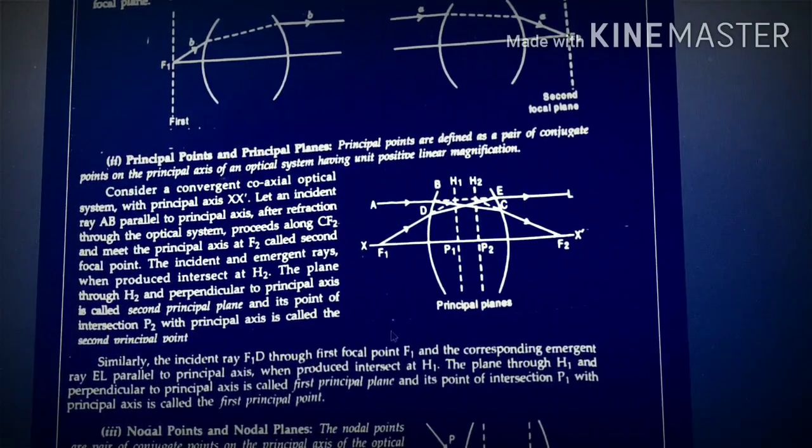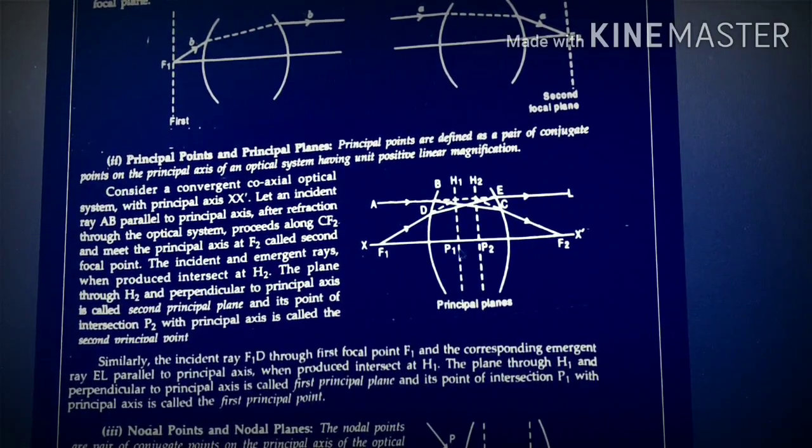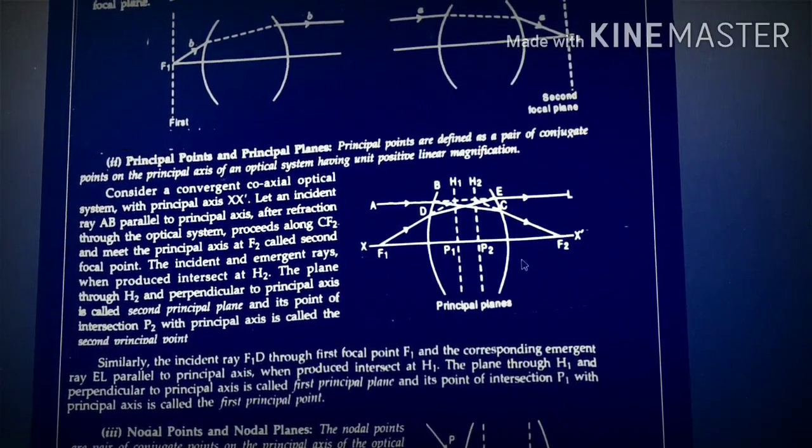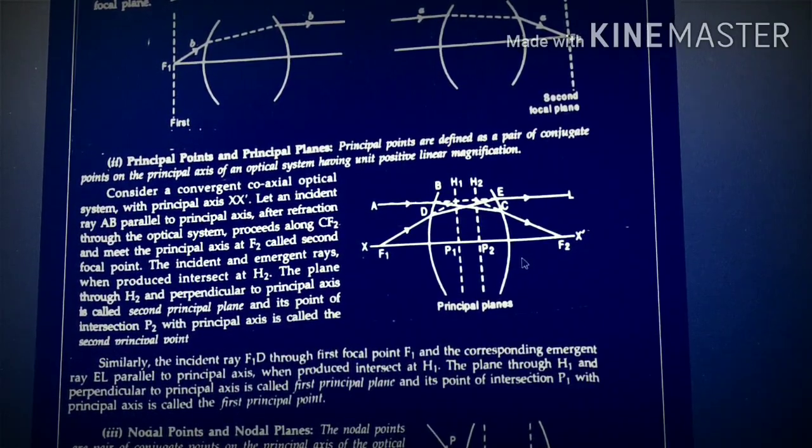So look at the figure. This is the optical system, and x dash is the principal axis. Let us first consider a ray. This is the incident ray, named AB.